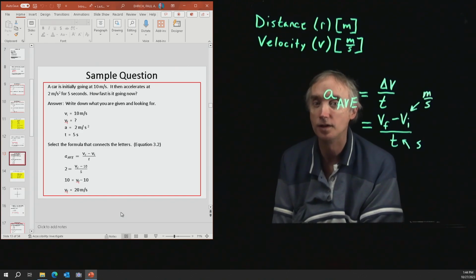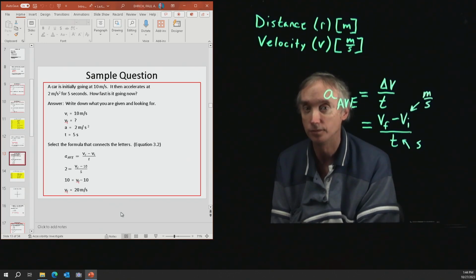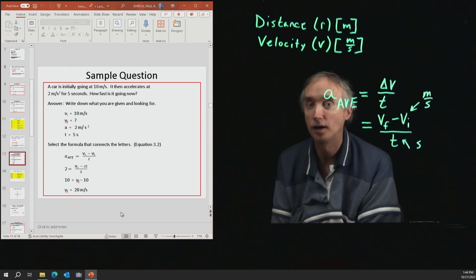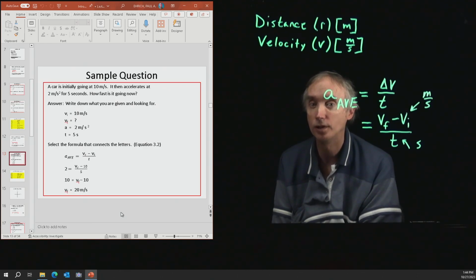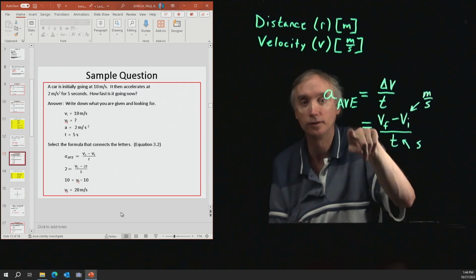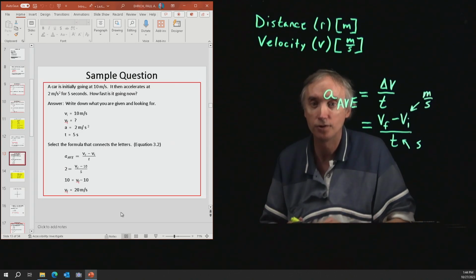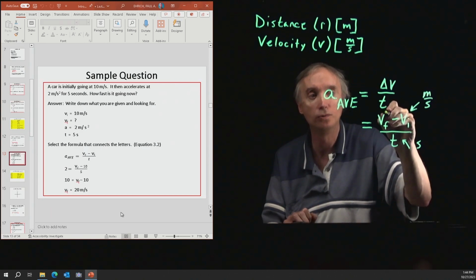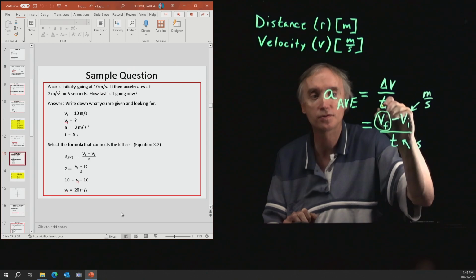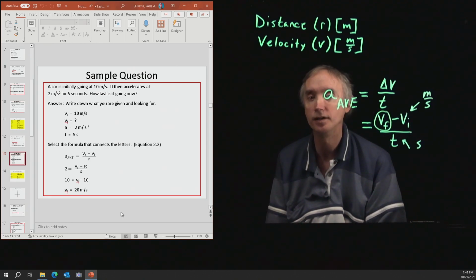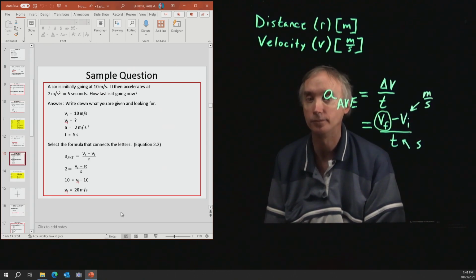So we're given the initial speed, we're given the acceleration, we're given the amount of time, and what we don't know is the final speed. So we're going to write down our formula, and then plug numbers into the formula, and notice that this time we don't know the final velocity.